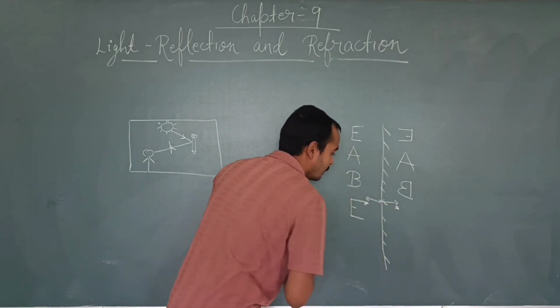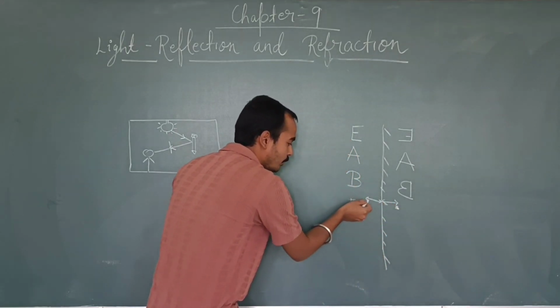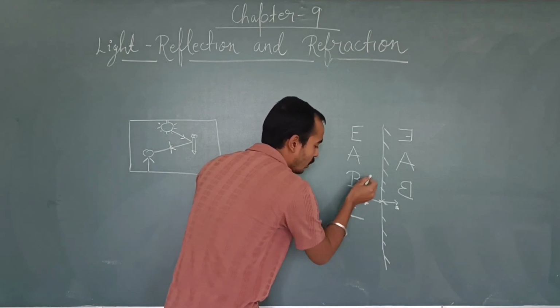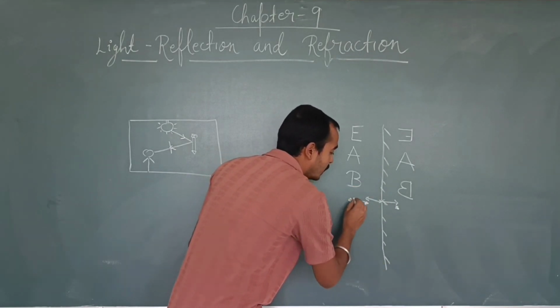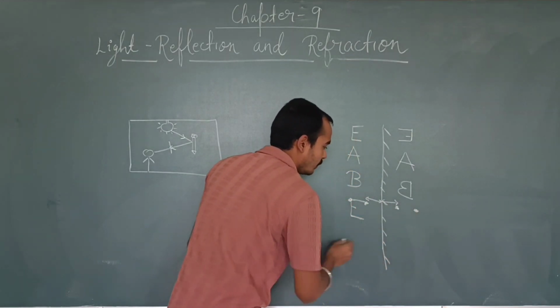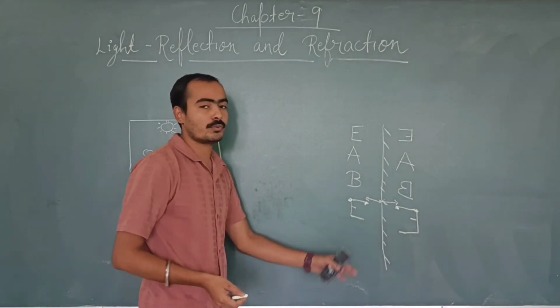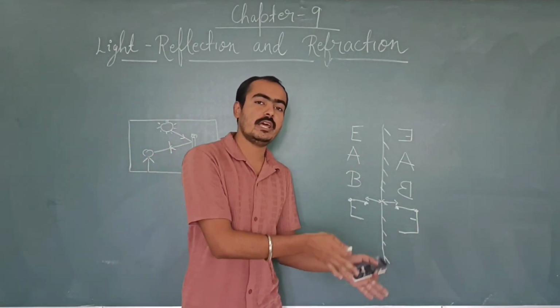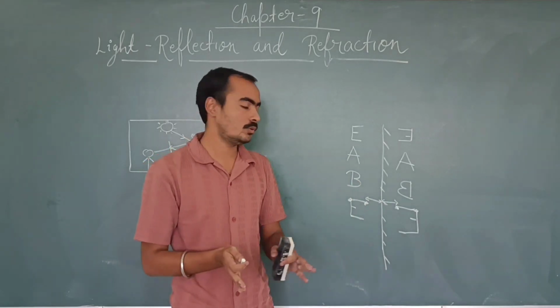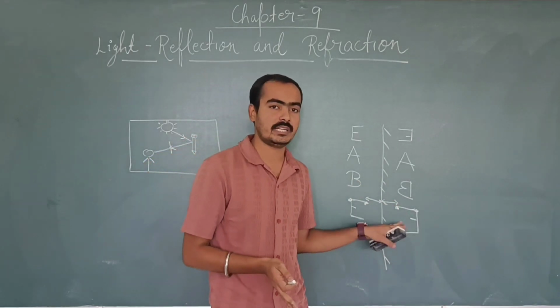This part will become here. And as this point is at more distance from the mirror, its image will be here, and the E will look like this. So that's why the right becomes the left and the left becomes the right, which phenomenon is called lateral inversion.